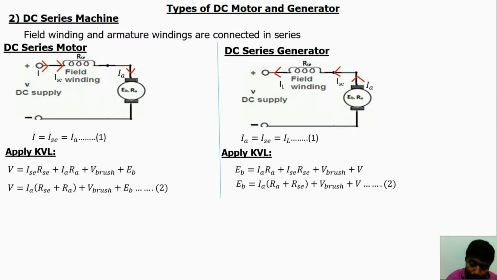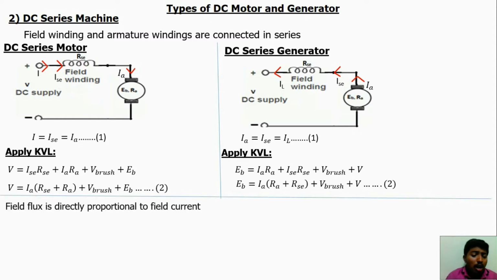Okay. Now, we know that field flux is directly proportional to the field current. Here, the field current varies. So, phi is directly proportional to ISC. We know that ISC is equal to IA. Substitute here. So, phi is directly proportional to IA.